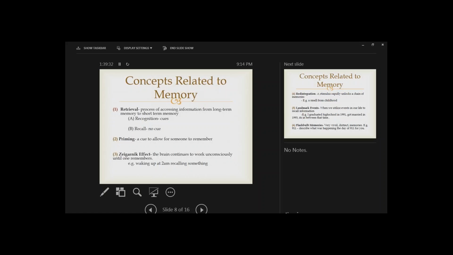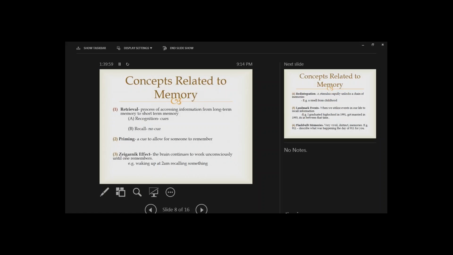Now this is cool because this happens all the time. The Zeigarnik effect. I love this because if you ever are trying to remember something, say it's 1 o'clock in the afternoon, you're having a conversation and you're like, oh my God, I can't think of that actor's name. And then 1 o'clock in the morning you wake up and it's like, ping, there's the name.